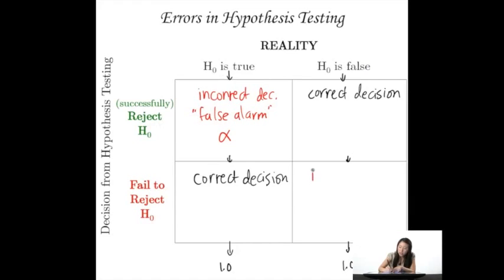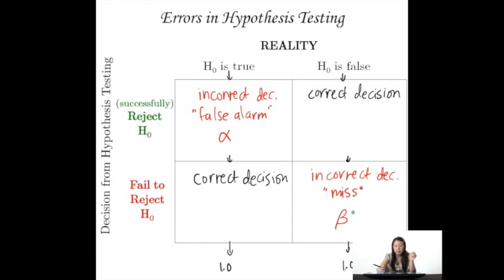And so this is also an incorrect decision, right? We weren't trigger happy enough. This is not called a false alarm. Instead, it's called a miss. And this we're actually going to call the beta rate, right? And so obviously the alpha and the beta have a probability of less than 1 but greater than 0, right?